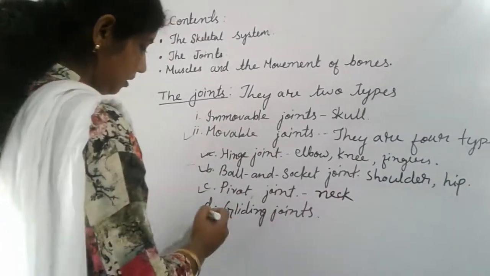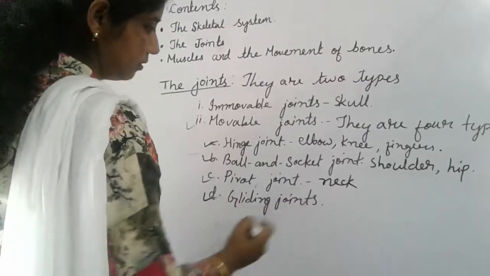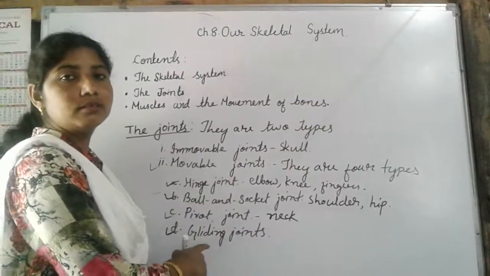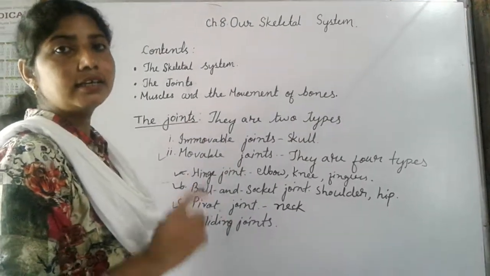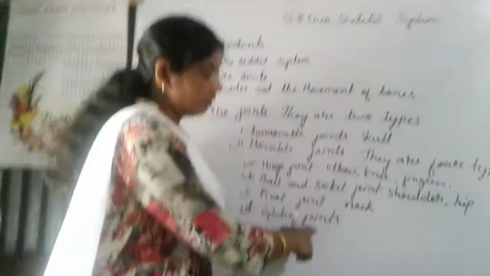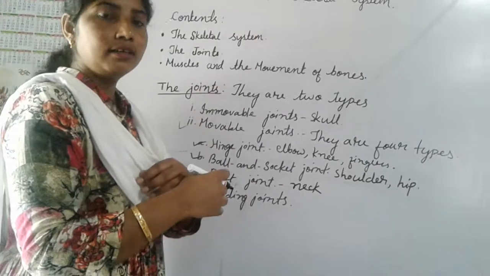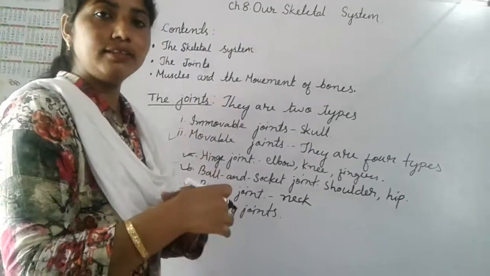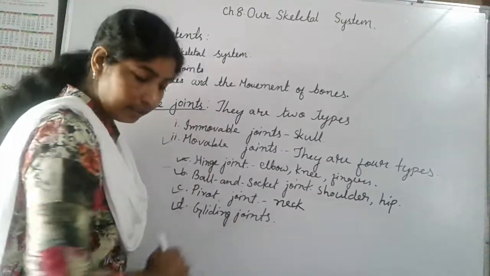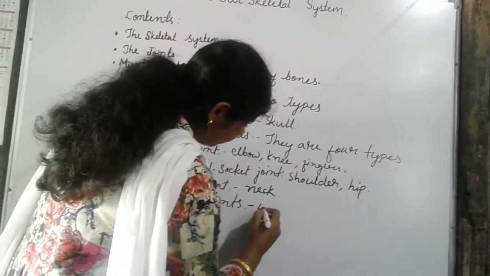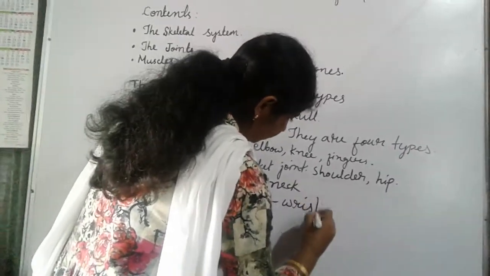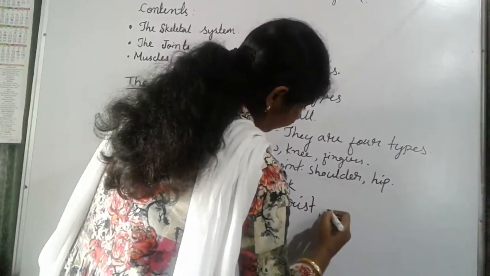Next is gliding joints. So what are gliding joints? Gliding joints are the joints in which the bones glide or slide over each other. They are present in our wrist and ankle.